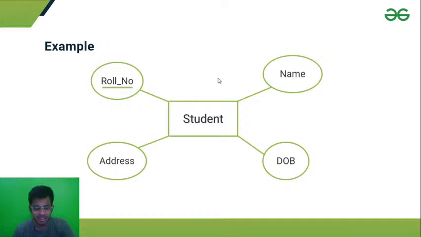As we can see, the rectangle is used to define a student, an oval is used to define the student's name, and DOB, an oval is used to define the date of birth of that student, and an oval for the address of that student, and then again an oval to represent the roll number of that student. Okay, and we can observe one thing here: there is an underline below the roll number, right?